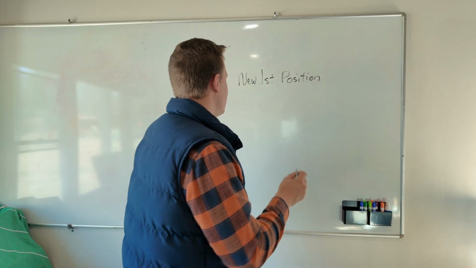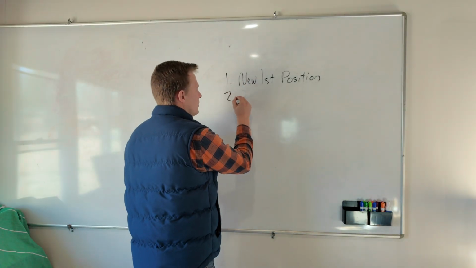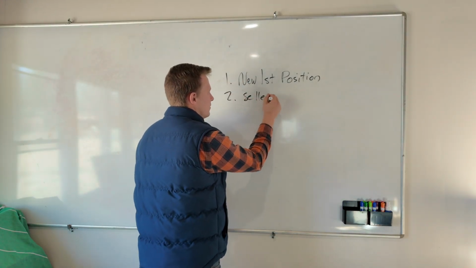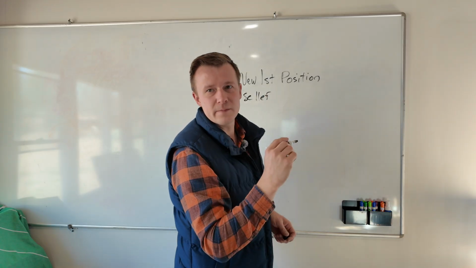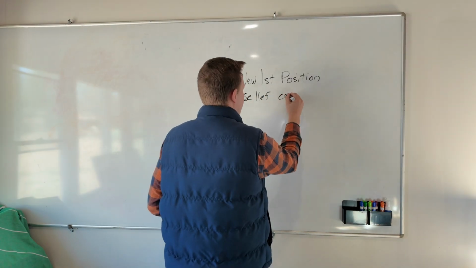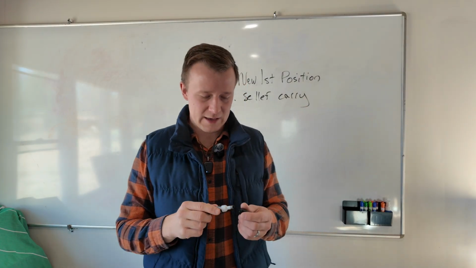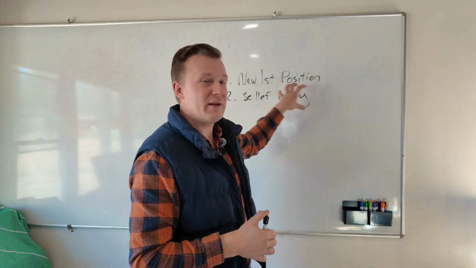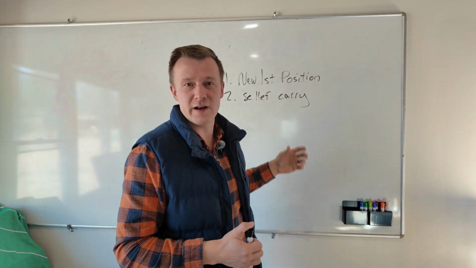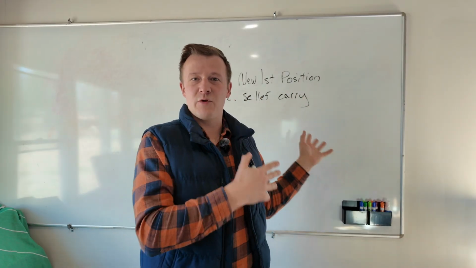The second part of it, that's number one, seller carry. Seller carries back. Now, what happens in this area can go a lot of different ways. And that's it, that's the Morby method.